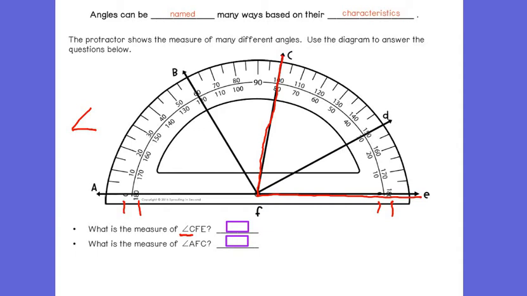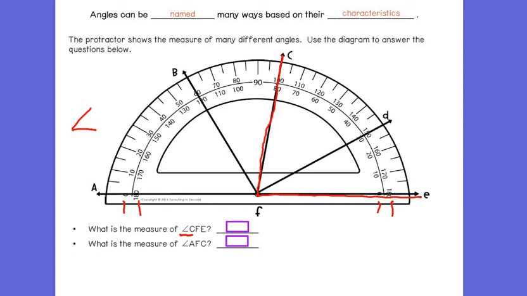So if my hands are angles, where they're touching is the meeting point, which in this case is what letter? F. That's where they're meeting. Okay, in this next one, what's the middle letter? F. That F just so happens to be where everybody is meeting up together, right? So F is always going to be in the middle for this example.